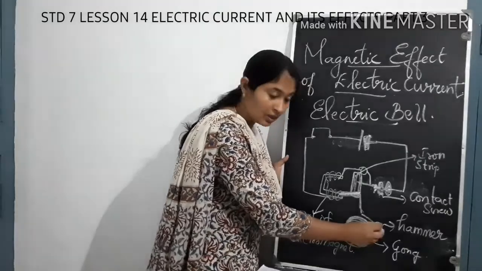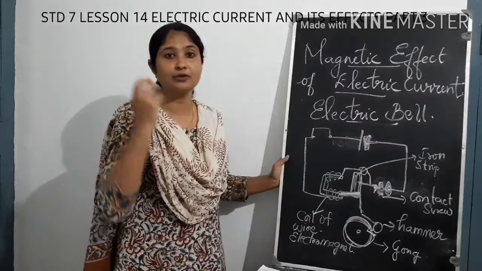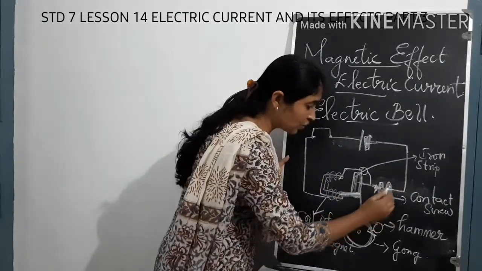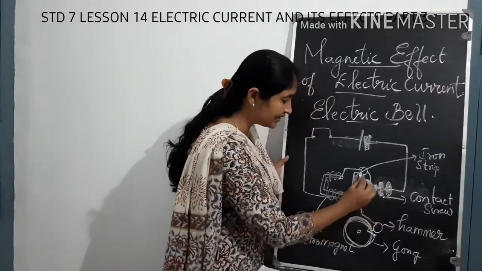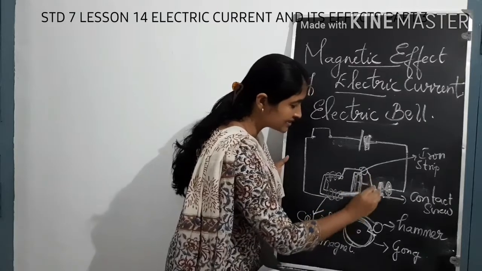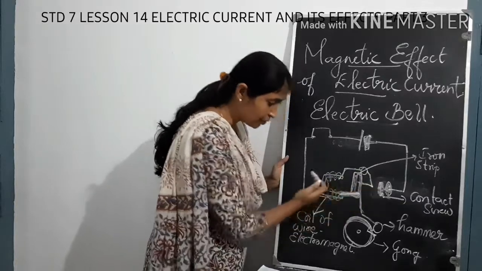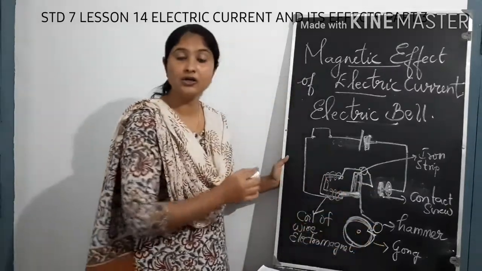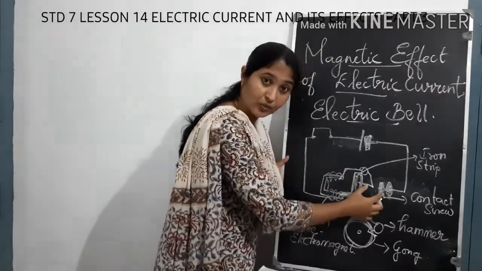This hammer will come and strike on this gong to produce the sound. At that time, what happens over here? I told you this is the contact screw. When the iron strip is pulled closer, here the circuit will break. The iron strip is pulled closer to the coil, so the hammer will strike on the gong so that you hear the sound.